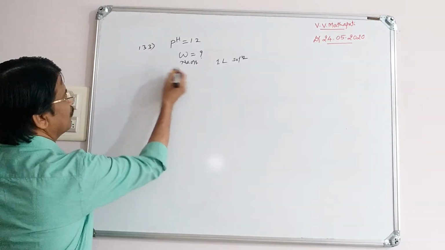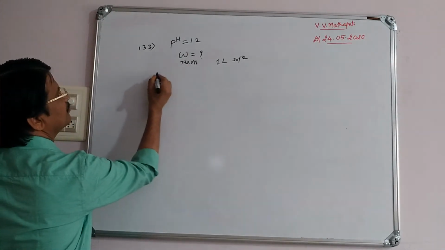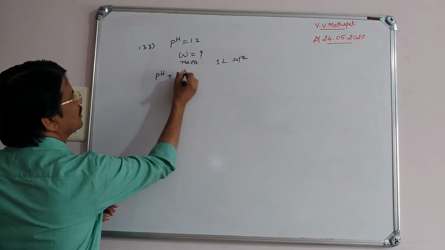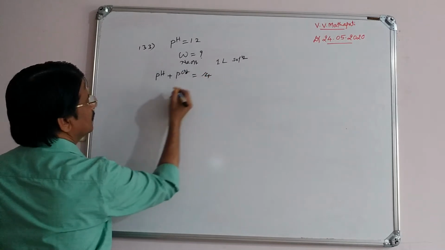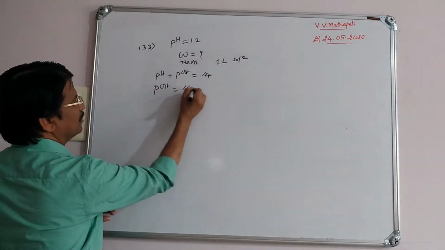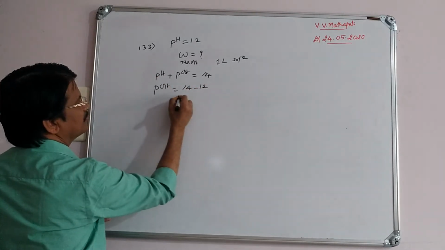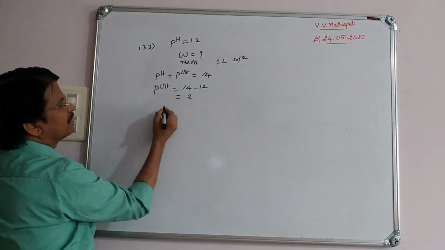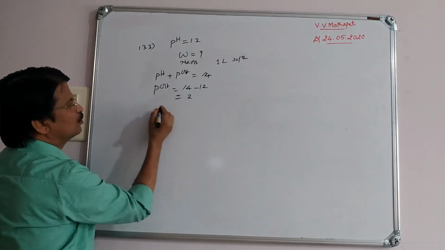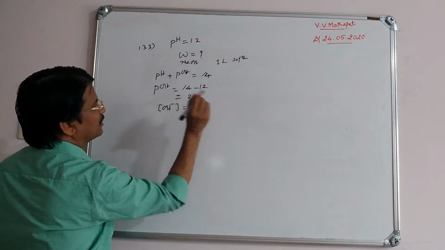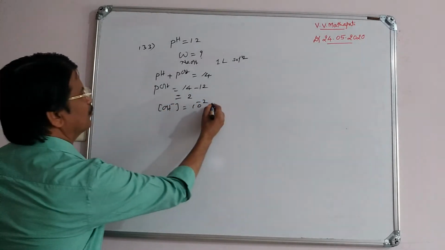Therefore, for a basic solution, pH plus pOH equal to 14. pOH equal to 14 minus the pH value 12, which is 2. Then pOH is 2. Therefore, OH ion concentration is 10 to the power minus 2 molar.